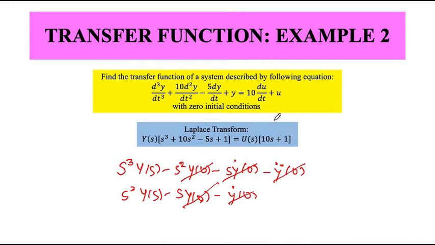Differentiating 3 times gives s cube, differentiating twice gives s square, differentiating once gives s, and so on. On the right hand side I have du by dt plus u, so I just transform it to 10s plus 1.